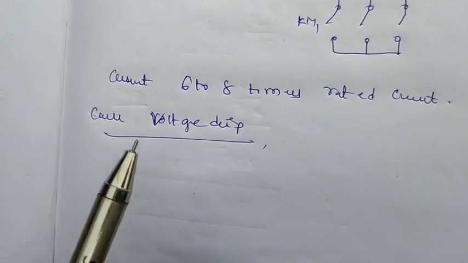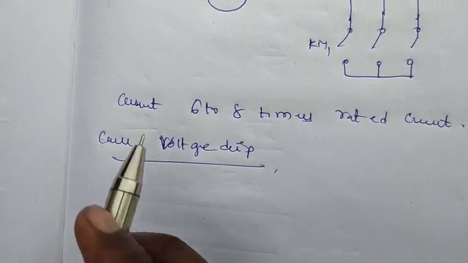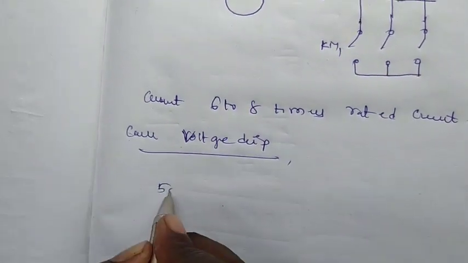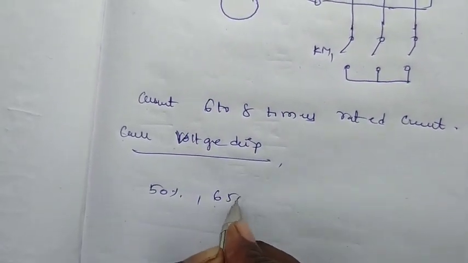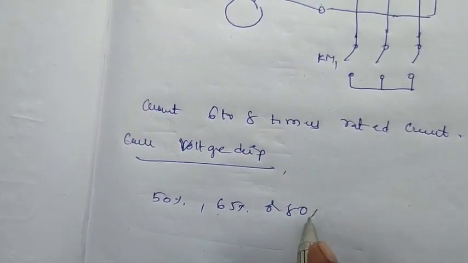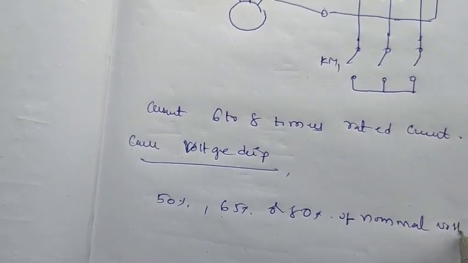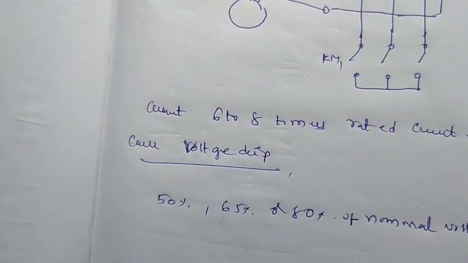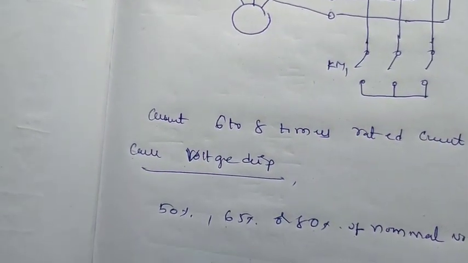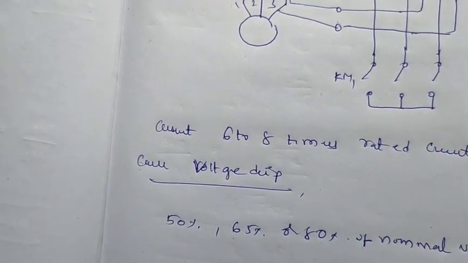Taps can be provided on the auto transformer for starting voltage, supplying it in steps of 50%, 65% or 80% of nominal voltage using the auto transformer starter.